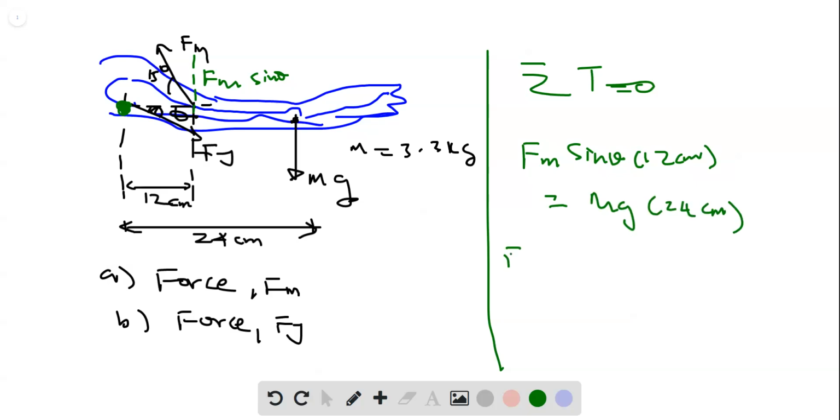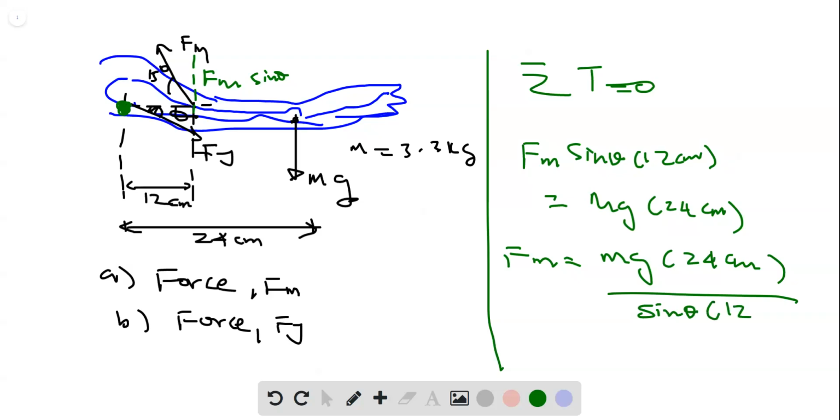That allows us to compute Fm as being equivalent to mg times 24 centimeters, all over sine theta times 12 centimeters. But theta is 15, so this is mg times 24 centimeters, all over sine of 15 times 12 centimeters.